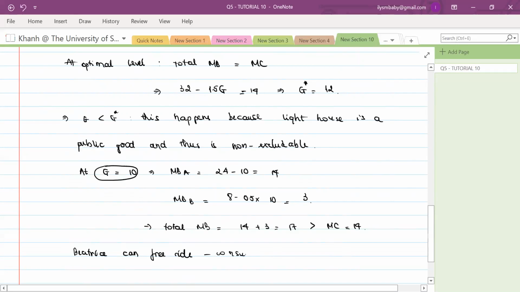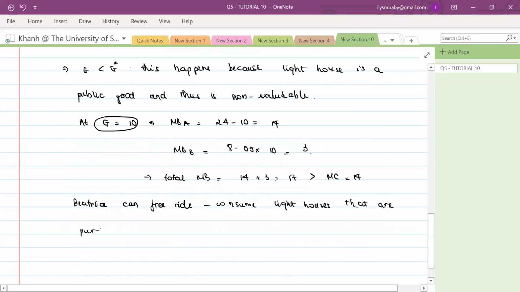She basically can consume the lighthouse that is purchased by Alex. Because the good is non-excludable, there's no way Alex can do anything about it. When he has already bought the lighthouses, they're going to be there and everyone can use them, so Beatrix can use it without having to pay for it.